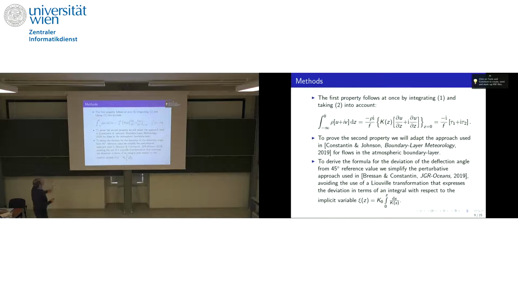Now, the methods. The first property, the 90-degree mass transport, the Ekman transport, is obtained simply by writing the differential equation in complex form and integrating. It comes out elegantly, and you get this in general.